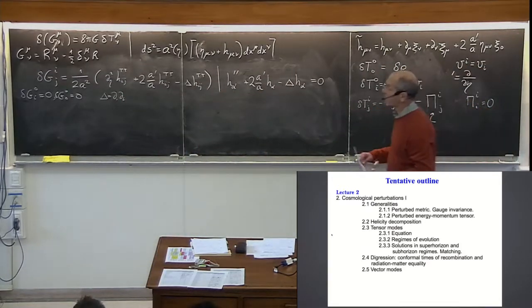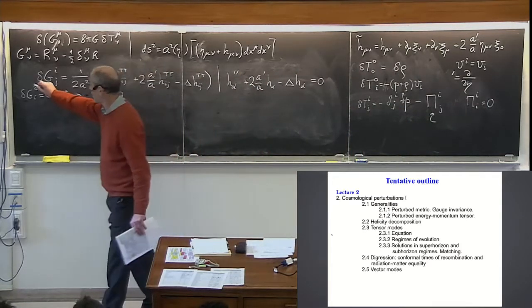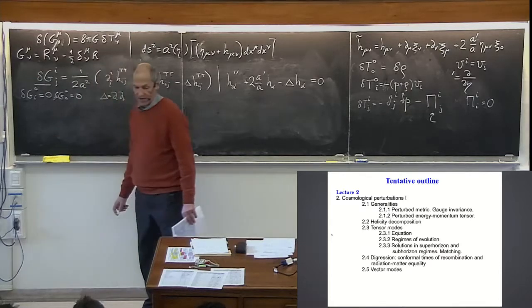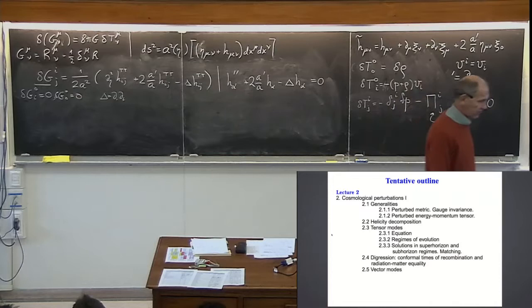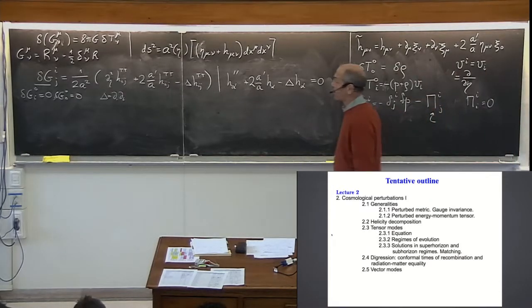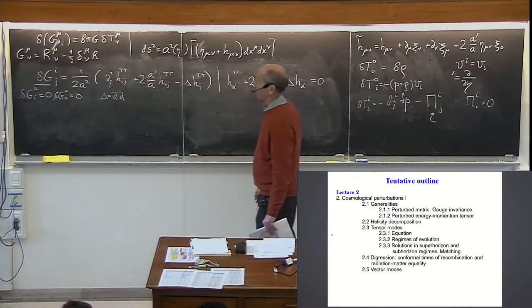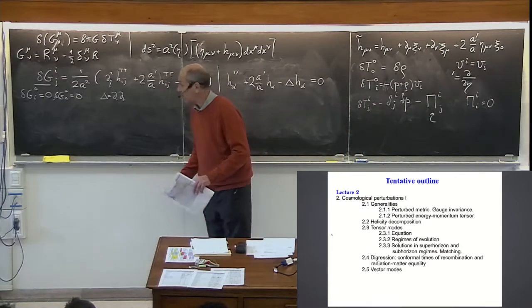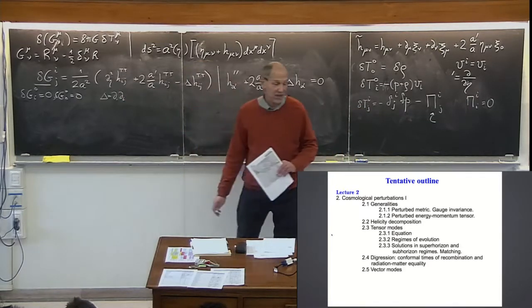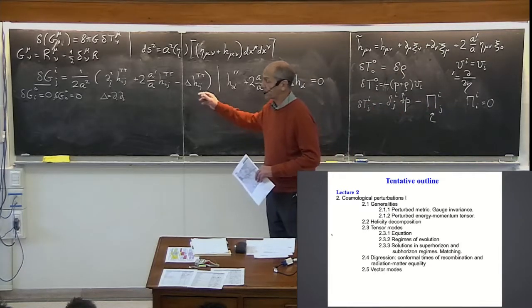You can be smarter because you know the variation of your action, here it is, with respect to delta h. And since my action is going to be quadratic, you know what the action is going to be, because by varying this action with respect to h, you have to get this expression here.